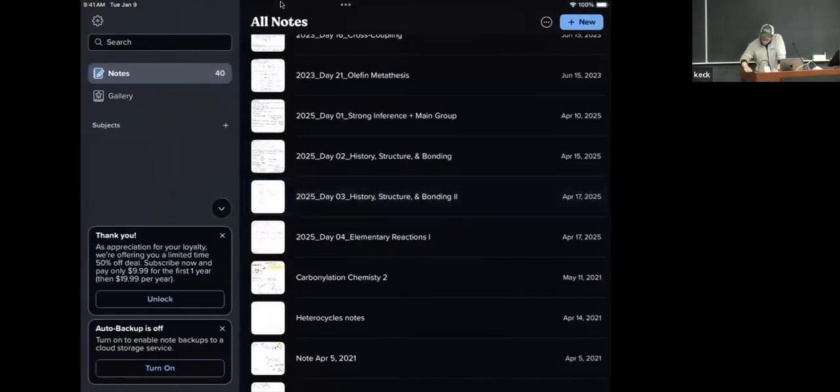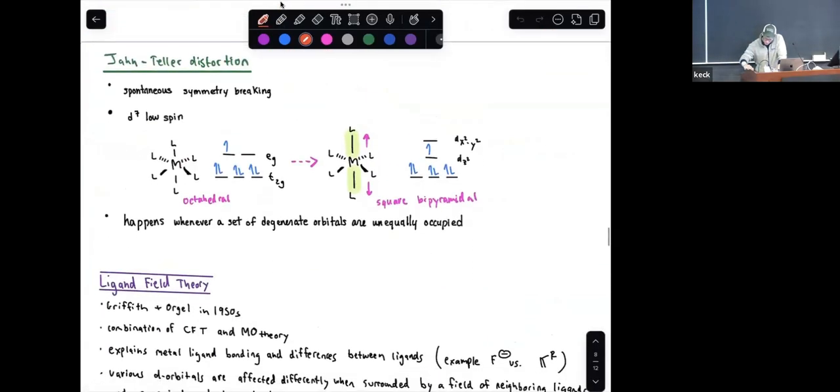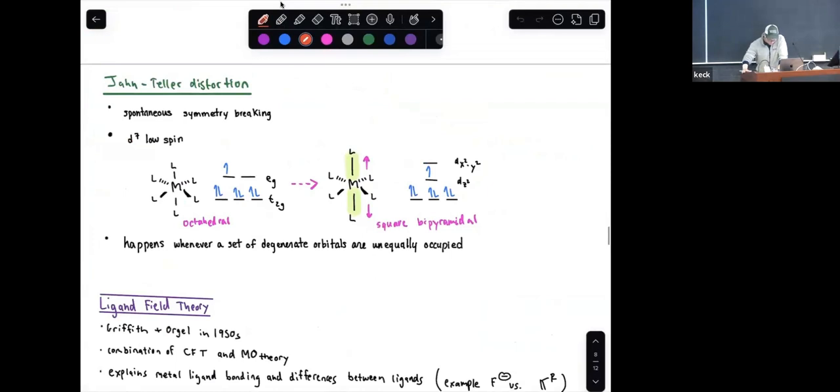So let's jump in now to a few more details about structure and bonding. Another concept I'll introduce here is that of Jahn-Teller distortion. And we use this terminology of a distorted octahedron.